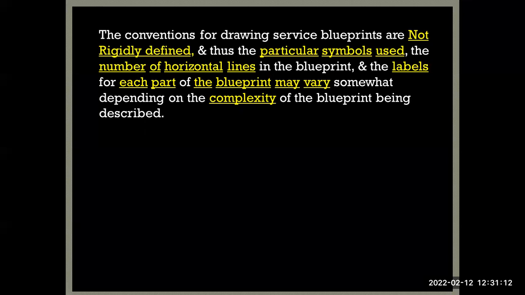The only thing is that the person reading and understanding that blueprint should find it easy to understand. So whatever symbols, signs, or conventions you want to use, like arrows, you can use. The number of horizontal lines in the blueprint and the labels for each part may vary somewhat depending on the complexity of that particular process.